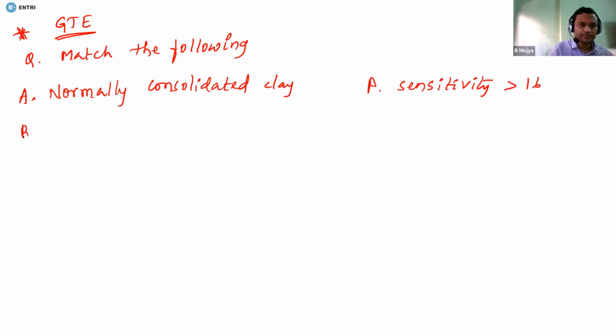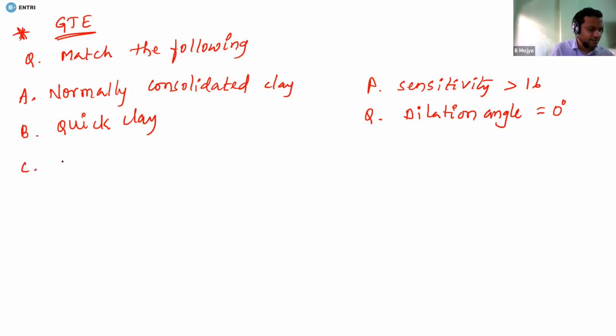B is quick clay, and Q is dilation angle of 0 degrees.